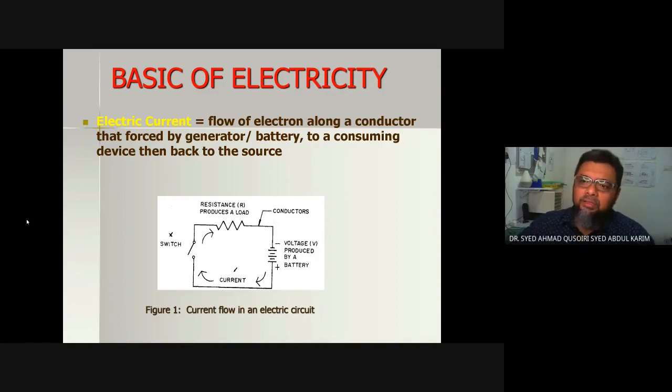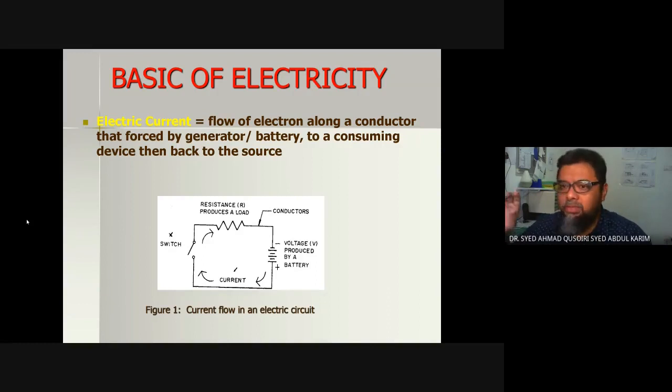What is the component that allows this electron to move or to flow in the first place? It is the generator, or what we call the battery. So this battery is forcing the electrons to move through this conductor, and we must have the consuming device or the load.